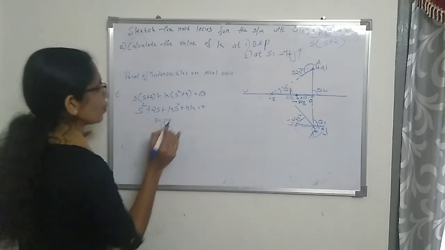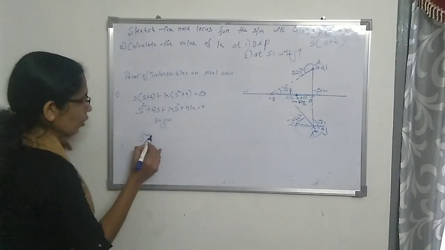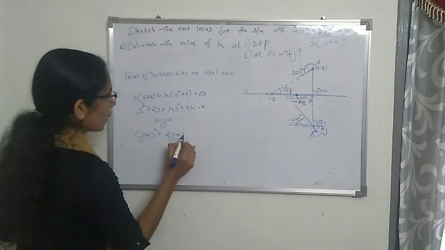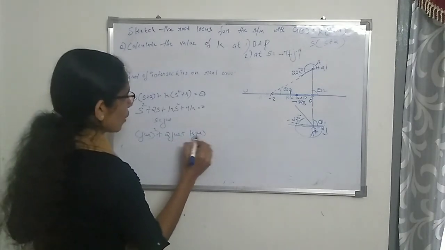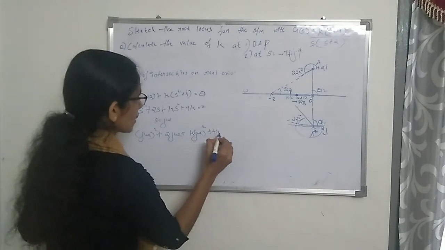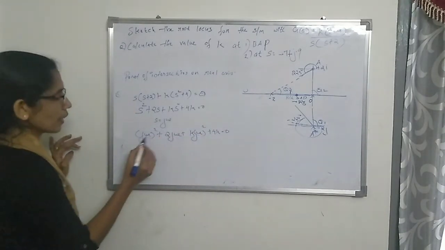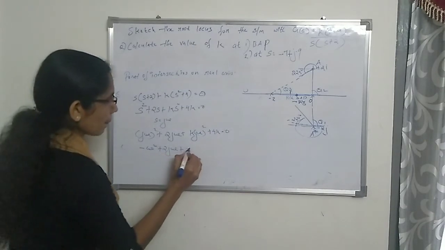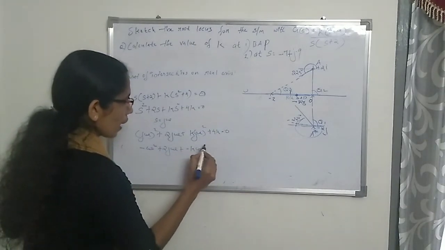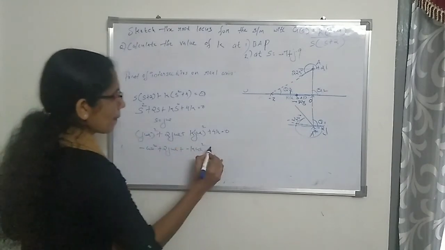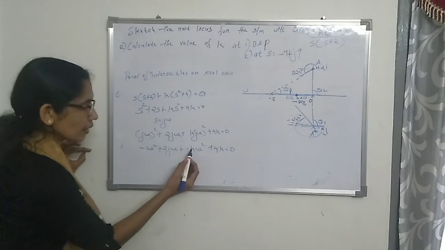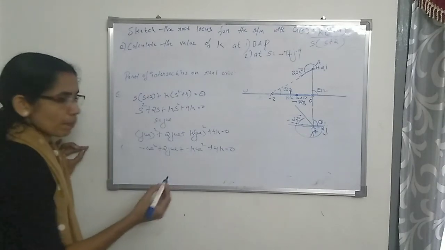Substitute s is equal to j omega, that is j omega the whole square plus 2j omega plus k into j omega the whole square plus 4k is equal to 0. That is minus omega square plus 2j omega minus k omega square plus 4k is equal to 0. Next, equate real and imaginary parts to 0.